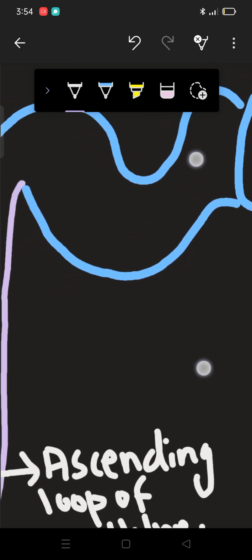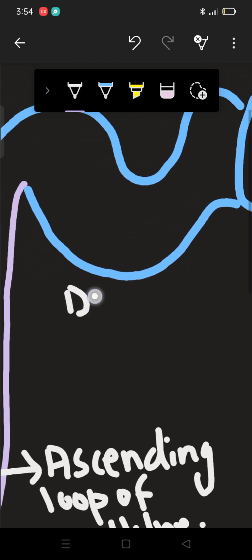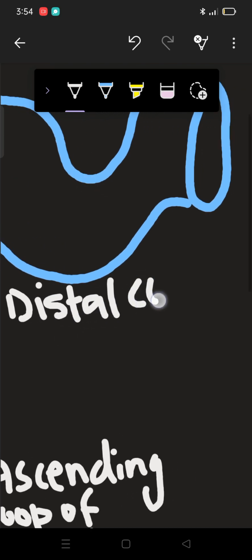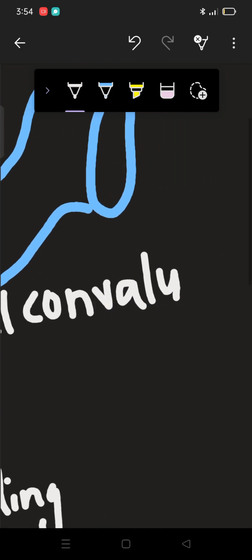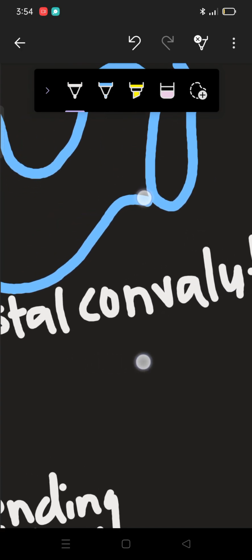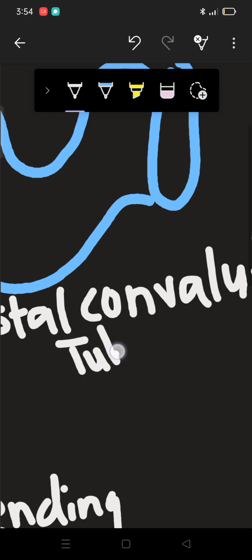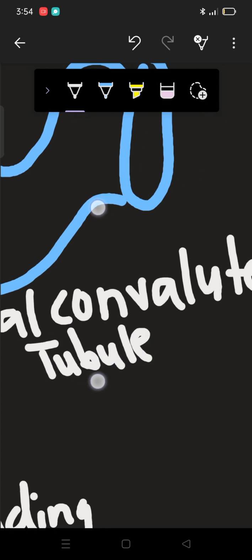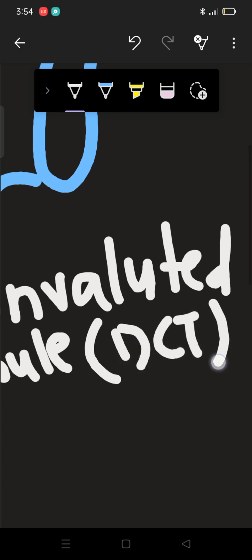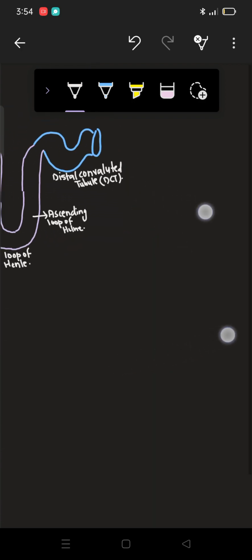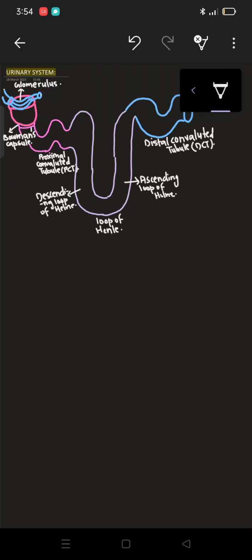I should write this: distal convoluted tubule. The abbreviation of distal convoluted tubule is DCT. So here we have the distal convoluted tubule.